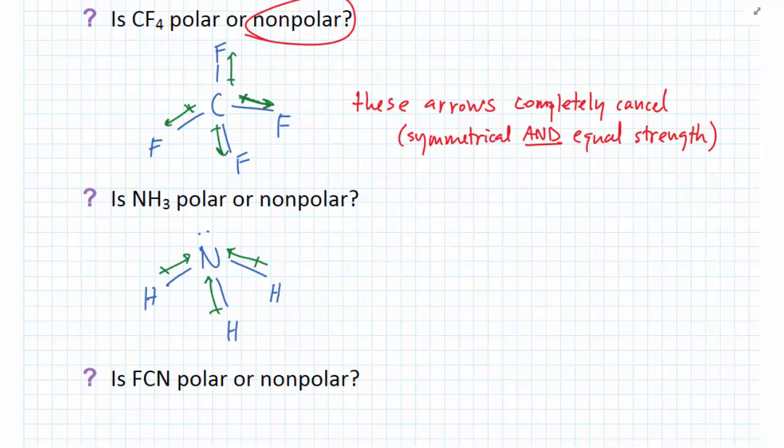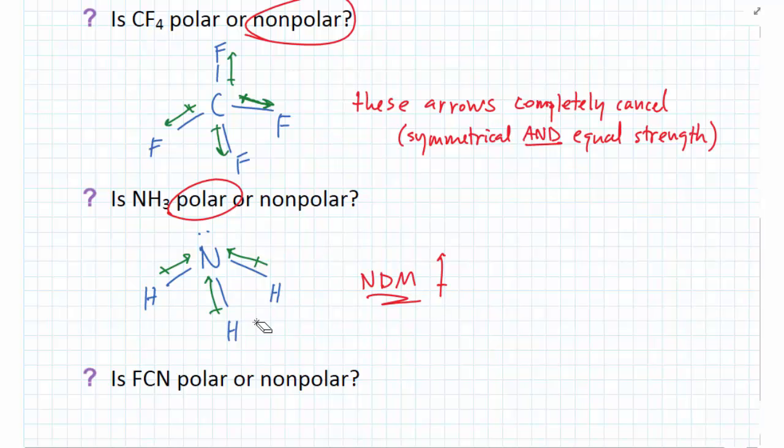It would point up. You've got a tripod, okay? You've got three arrows pointing into the middle, but they all have an upwards component to them. Okay? So net dipole moment, upwards direction. Simply having a net dipole moment makes a molecule polar. We've got a minus side up here, plus side down there. Okay?